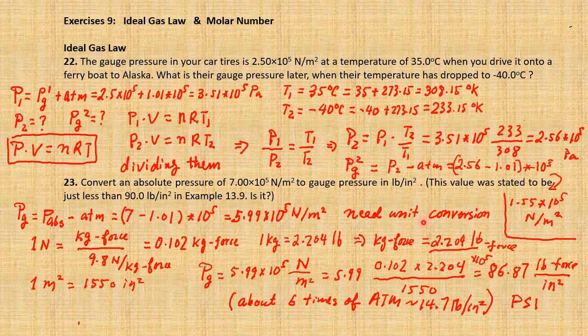So the trick for unit conversion is you convert patiently to whatever the target unit is, from newtons to pounds and from meters squared to inches squared. Newton is actually a force unit. Actually the kilogram force. So what does kilogram force mean? It is the force that 1 kilogram will sense, and that's called a kilogram force.